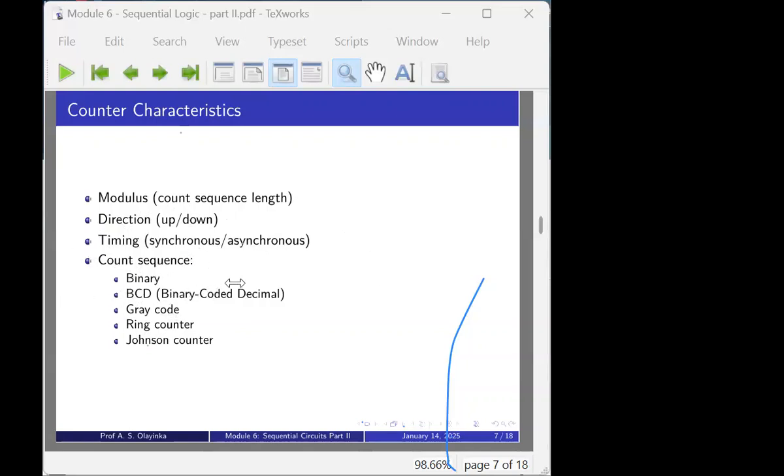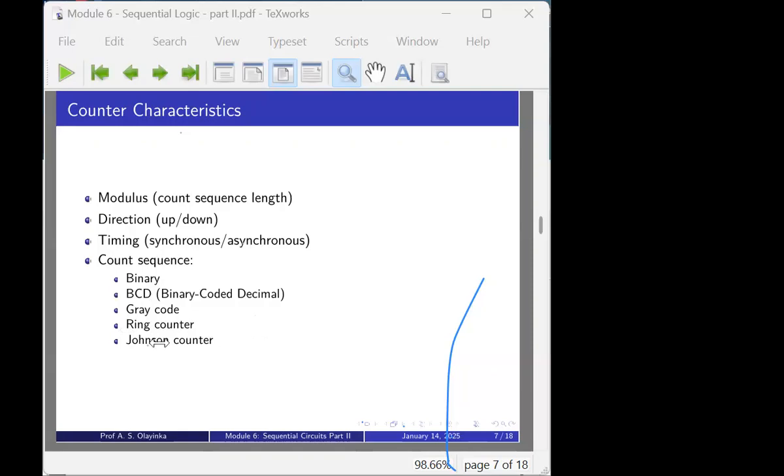And then the counting sequence, of course, it can count in binary. It can also count in binary coded decimal, BCD. It can also operate in a gray code. I think I've taught you about gray code. I don't know if I mentioned binary coded decimal, but even if I've not, you can go and check that out and take note of what it is.